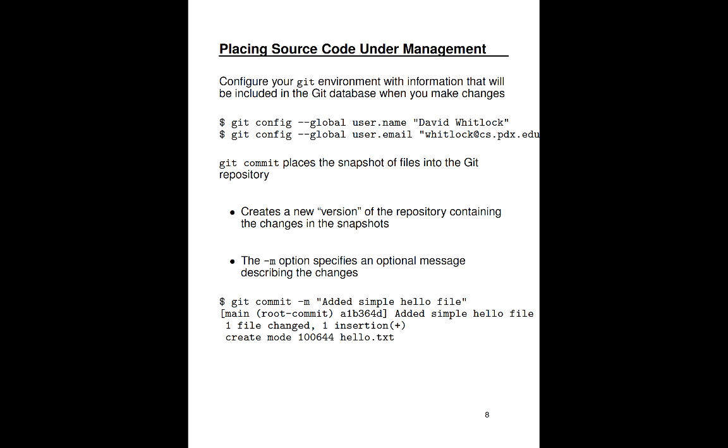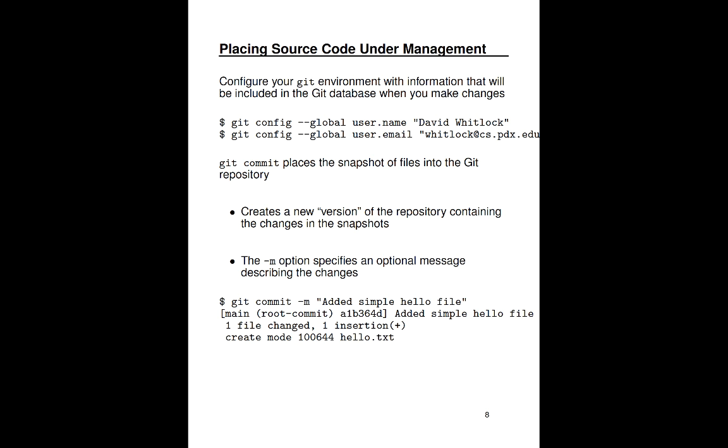Git commit supports a -m option for a message, and this is an optional message that you can provide that describes the changes. You should always include a message of some sort explaining why you made the change that you did. So when you issue git commit -m with a simple message like "added simple hello file", the command prints out some information. It tells you that it created a new revision of the repository and echoes back the message that you sent, and also gives you a summary of the changes that you made.